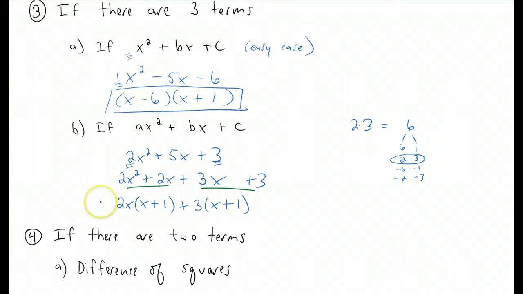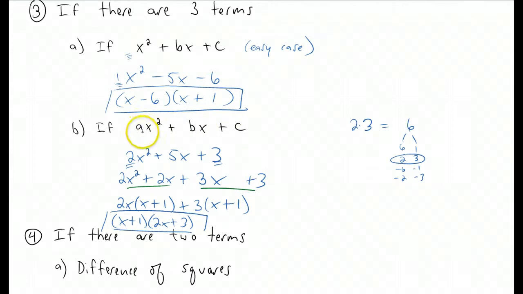You can factor that out just as we did before with factoring by grouping. X plus 1. You're going to be left with a 2x from the first term and a plus 3 from the second term. All right, so there's a quick example of a polynomial of 3 terms, also known as a trinomial, that has a non-1 coefficient in front of x squared.